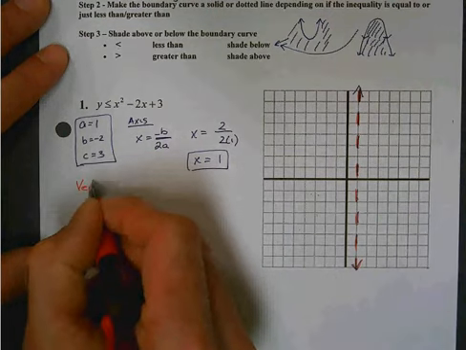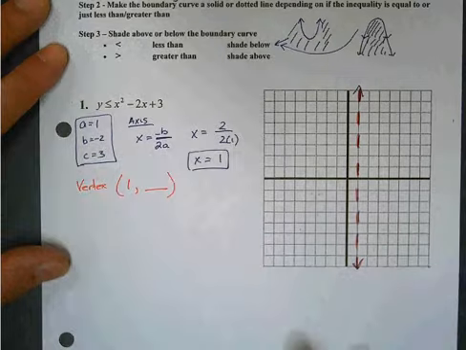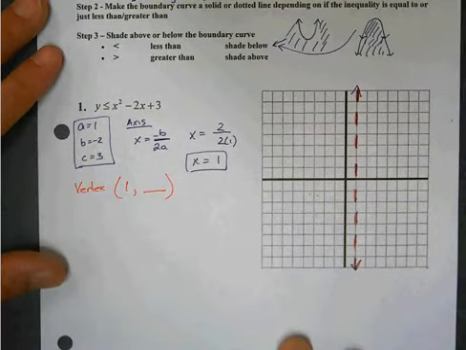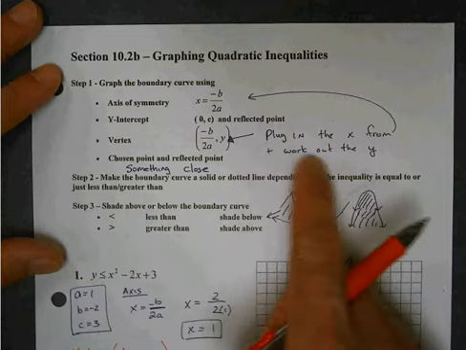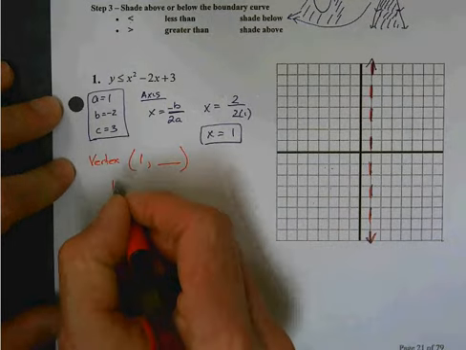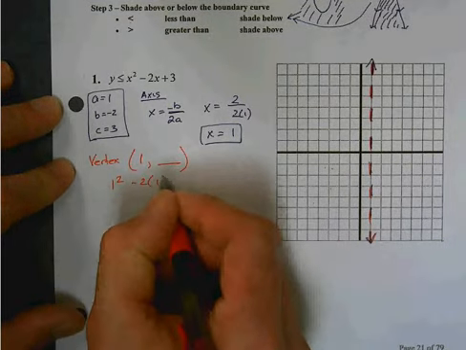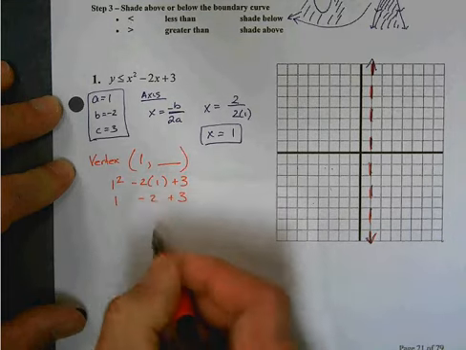Now we have to find the vertex, right? I have part of the vertex. As we talked about in our notes up top, we take our y value and we get it from plugging in that x. So x equals 1. So I'm going to say 1 squared minus 2 times 1 plus 3. 1 minus 2 plus 3.